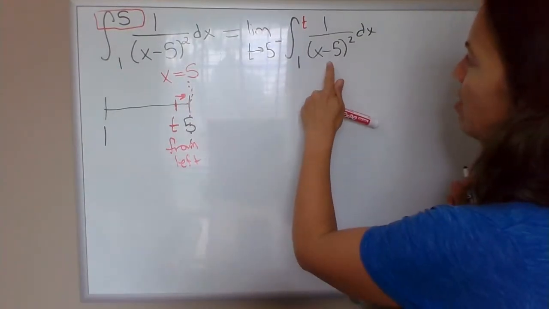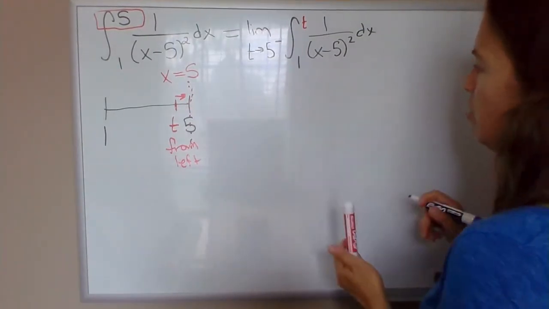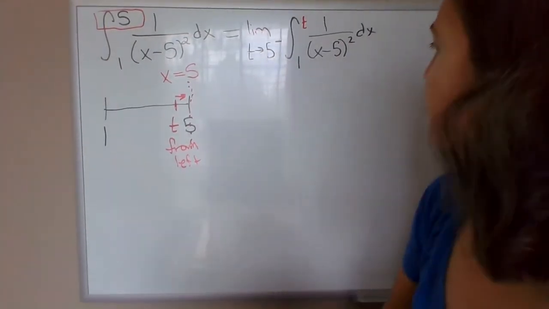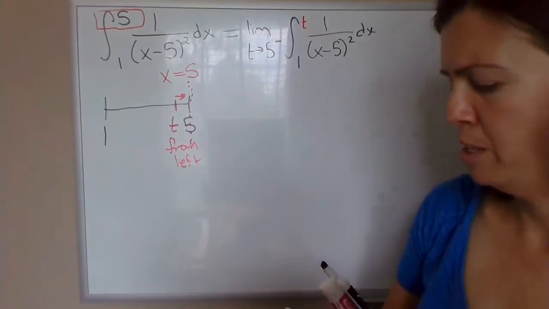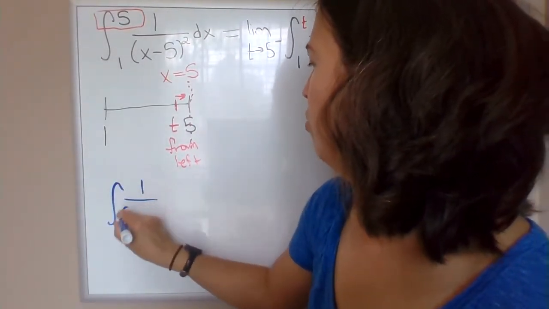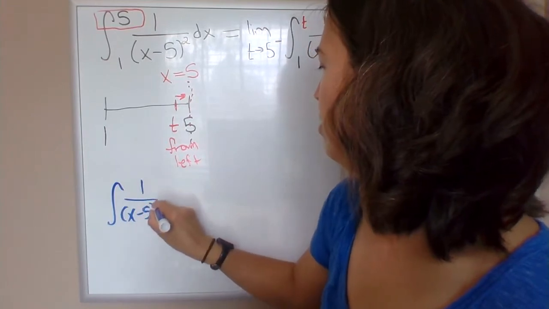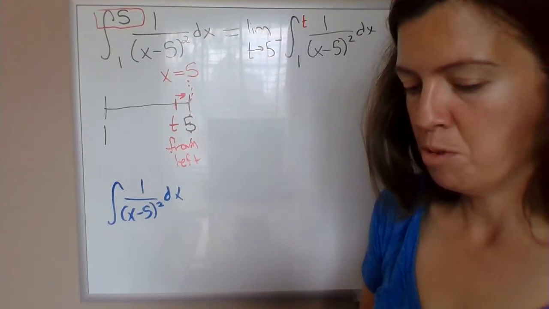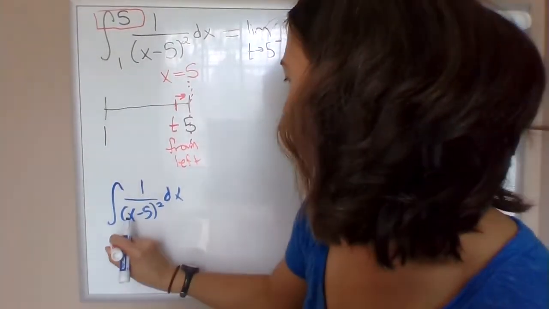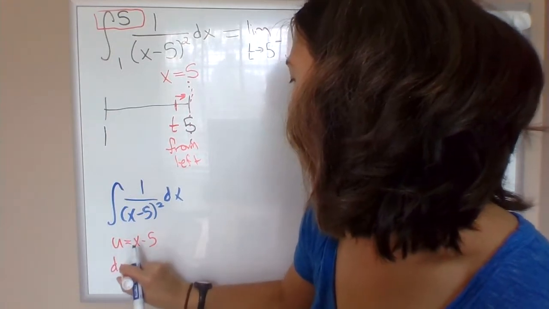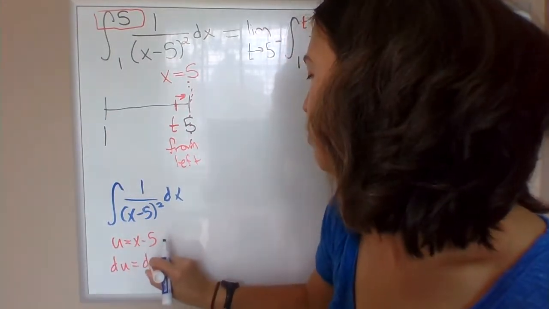Now we need the antiderivative of this 1 over (x minus 5) squared. I'll do a little scratch work on the bottom here. For the integral of 1 over (x minus 5) squared, we can integrate that with a u substitution. If u is equal to x minus 5, then du is just equal to dx. This is a pretty straightforward one.